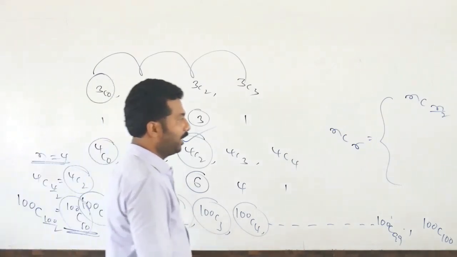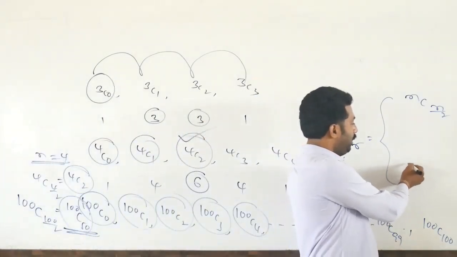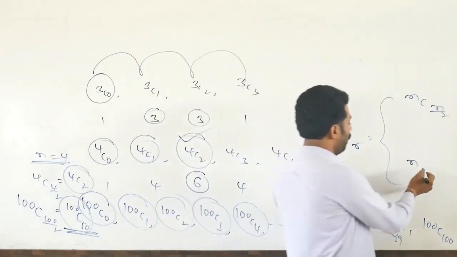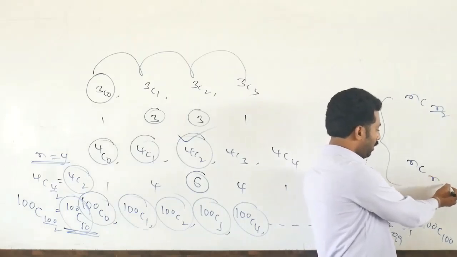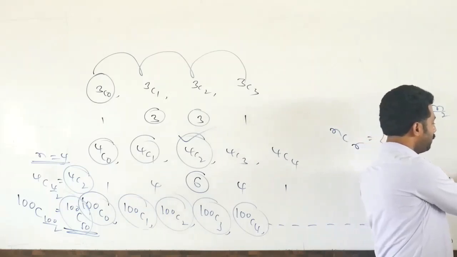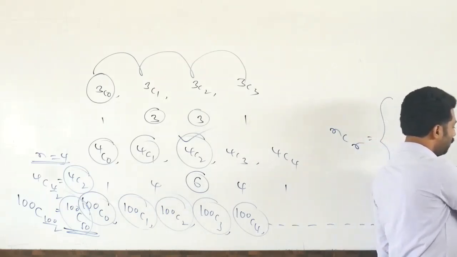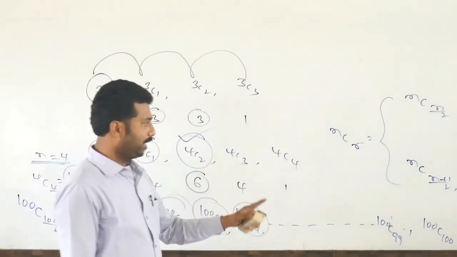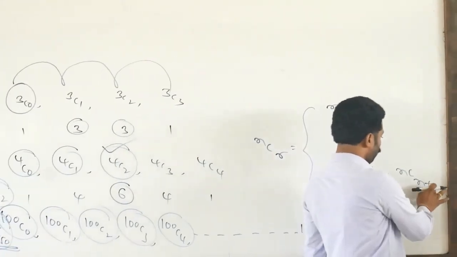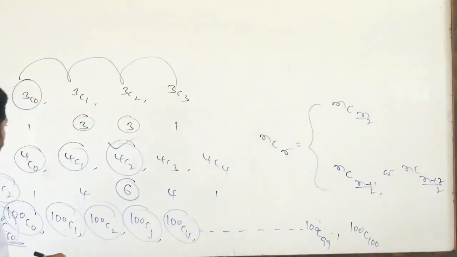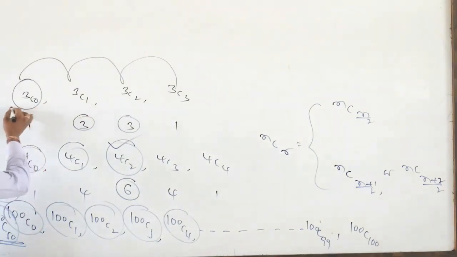Whenever n is odd, there exist two largest terms. What are they? nC((n+1)/2) and nC((n-1)/2. Whether it is correct or not, we will see. Observe n value 3.